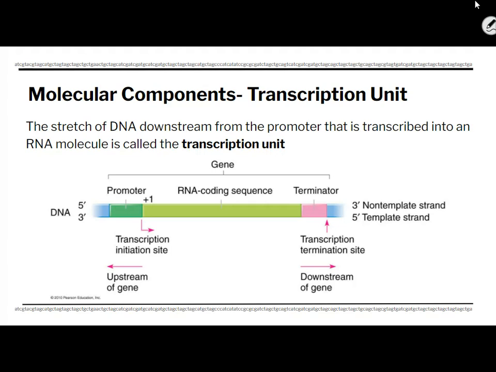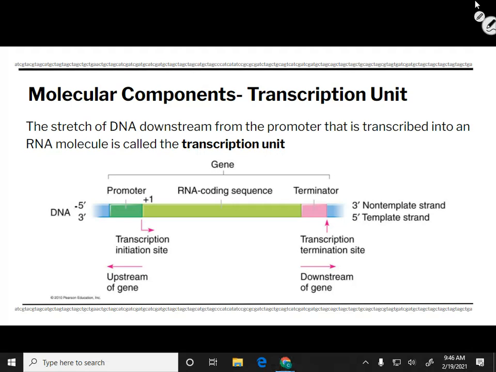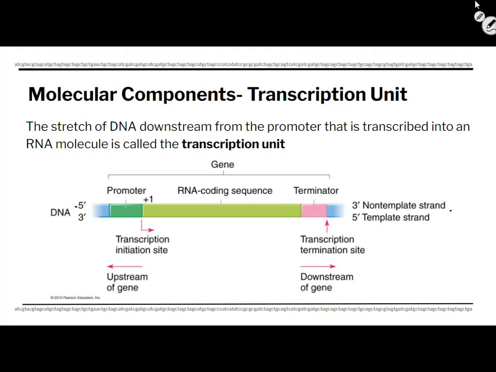So, if this DNA is our frame of reference, this is our 5' end, this is our 3' end. Going this way is downstream, going this way is upstream. A gene is everything from promoter to terminator. That's our gene. Our transcription unit is everywhere that is actually transcribed. Anything that will be mRNA.